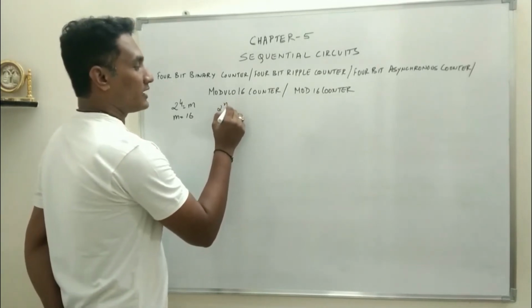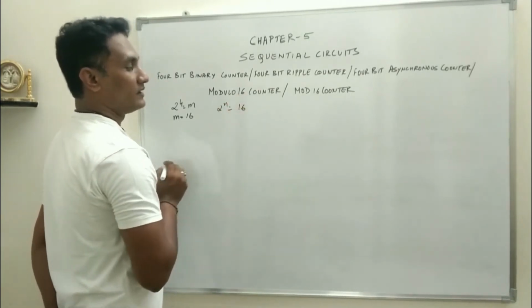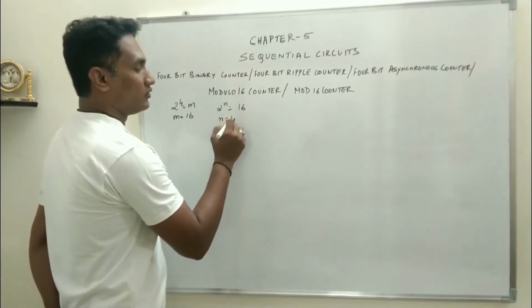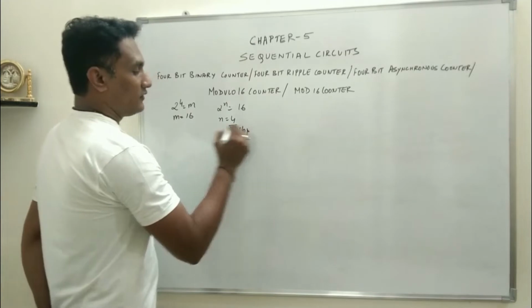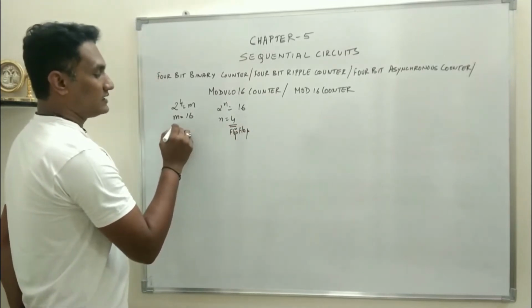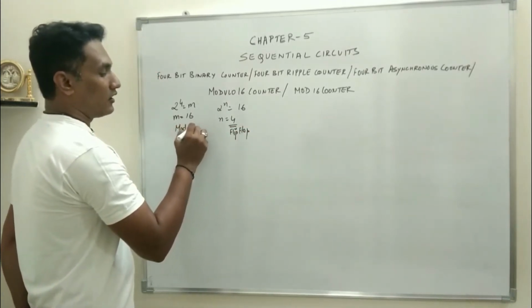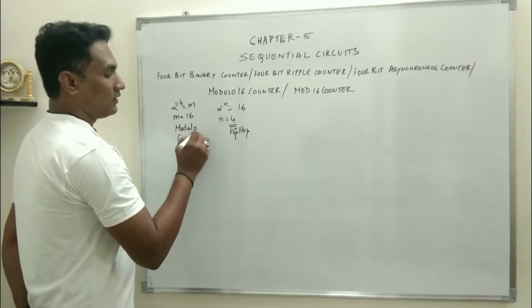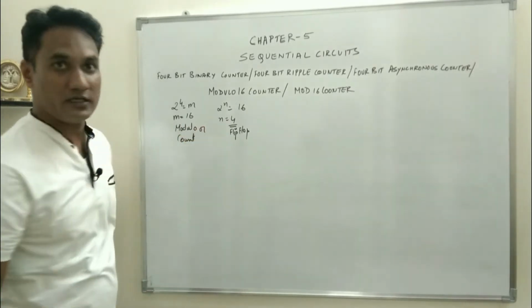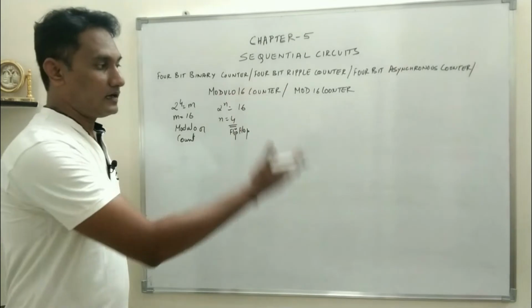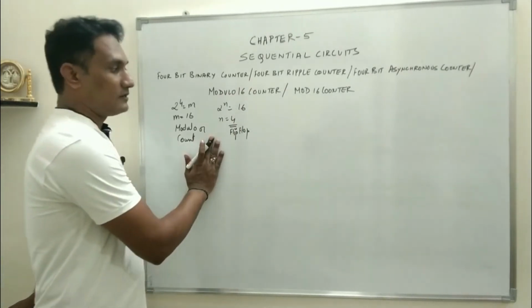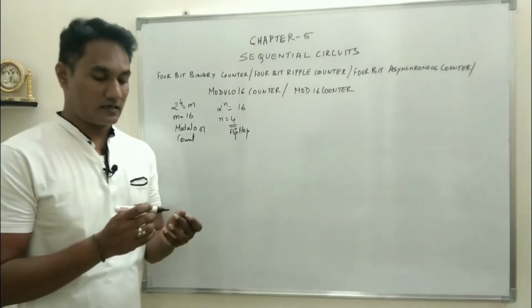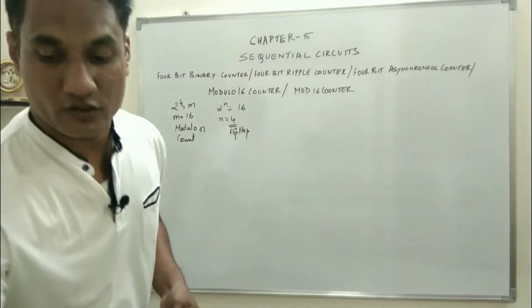That means 2 raised to power n is equal to 16 is given. So what will be n? n will be equal to 4, which is the number of flip-flops, and m is equal to 16. This is the modulo or the count which has to be seen at the output of the counter circuit. So this is the first step. You have to understand how many flip-flops are used.